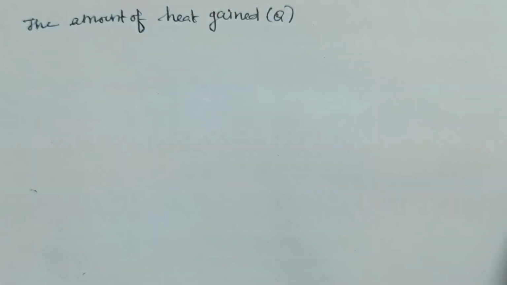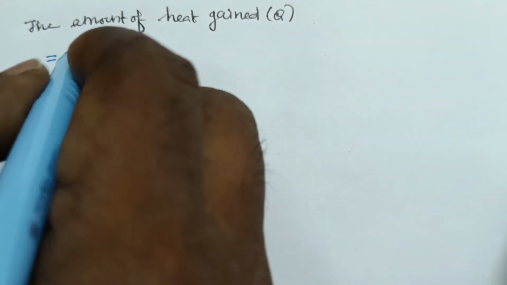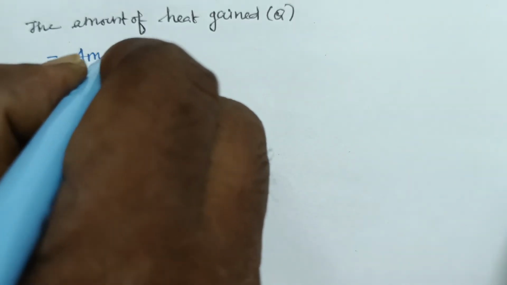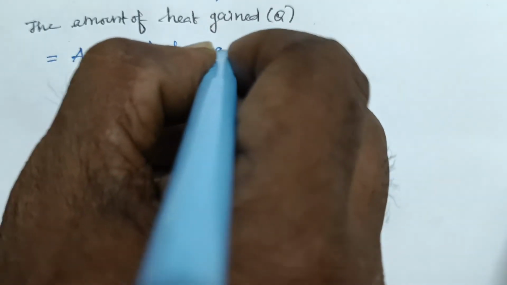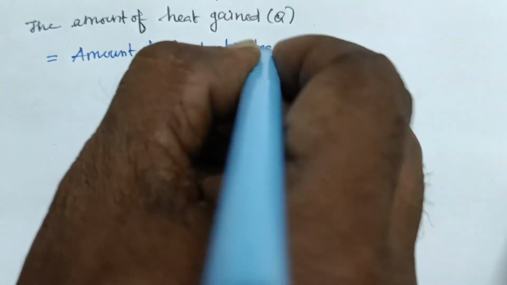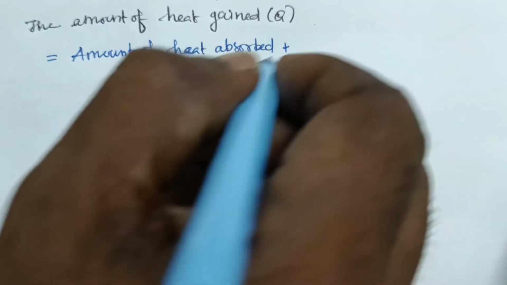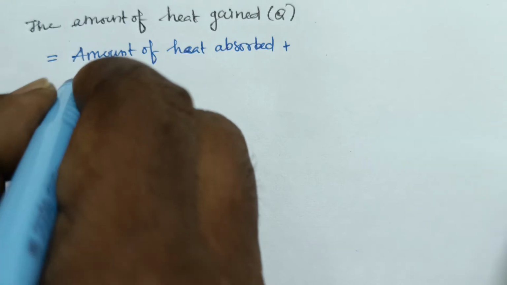Now the amount of heat gained Q, எவ்வளோ heat gain ஆயிருக்கு அப்படின்னா is equal to amount of heat absorbed plus amount of heat lost.